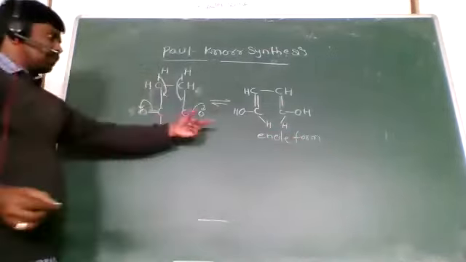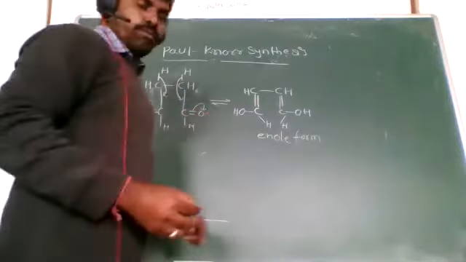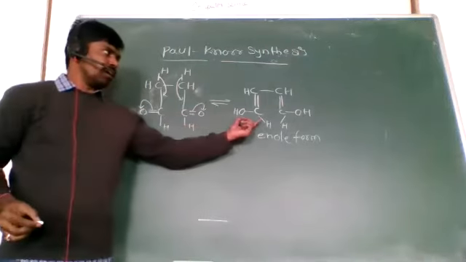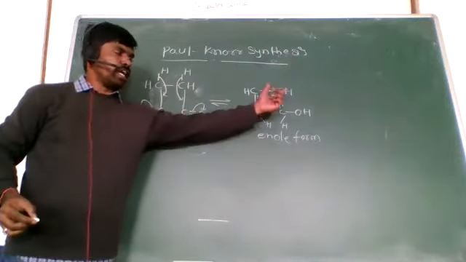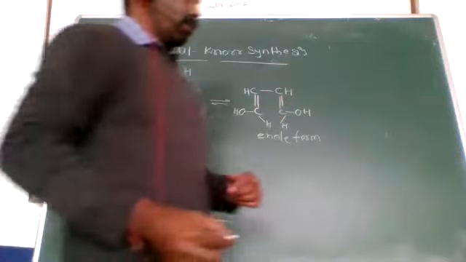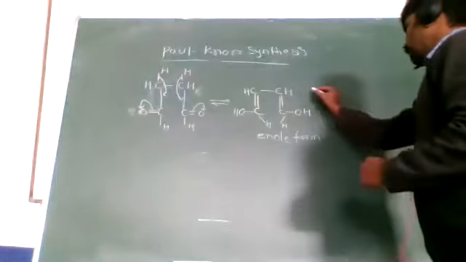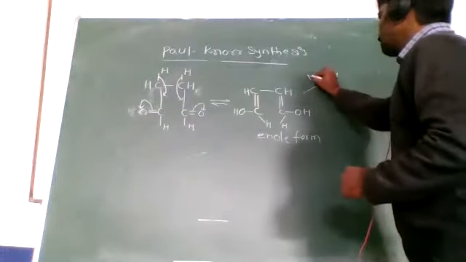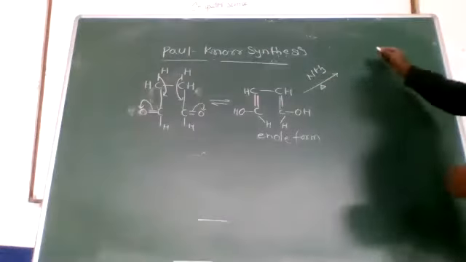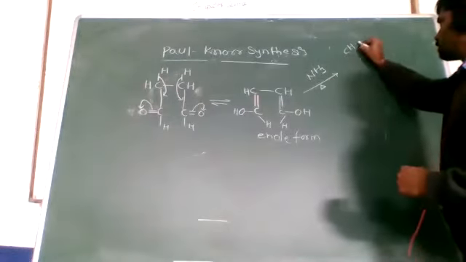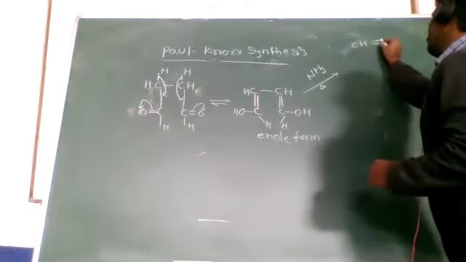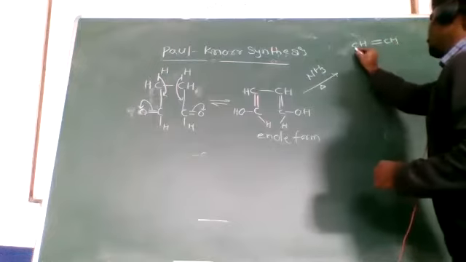In that condition, when the enol form is heated with ammonia, it reacts with ammonia to form pyrrole. So what do we get here? When heated with ammonia, we get CH double bond CH.